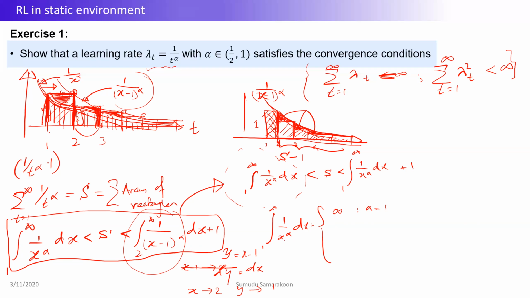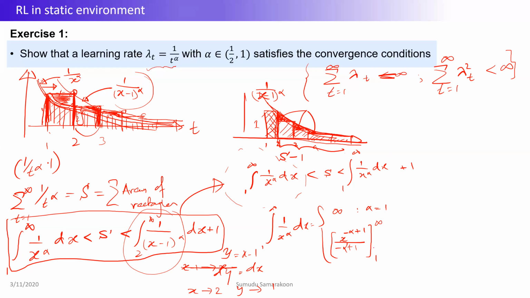Now, if alpha takes any other value, we know this is x to the power minus alpha, so we can consider this as x to the power of minus alpha plus 1, divided by minus alpha plus 1, evaluated from 1 to infinity, for any other alpha. So yes, minus 1. We are going to end up here.